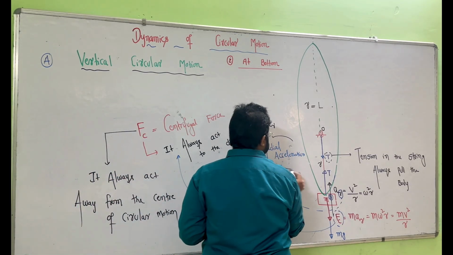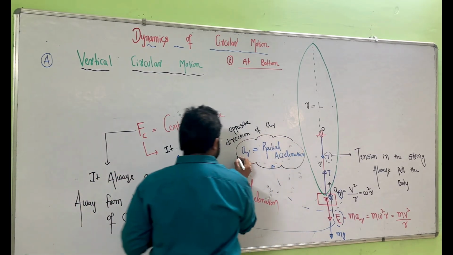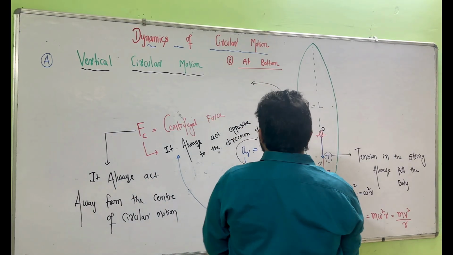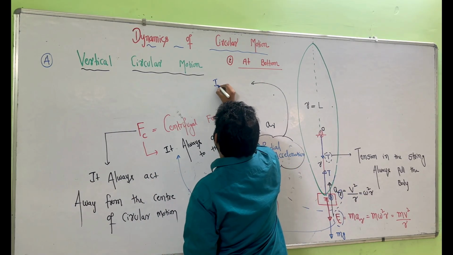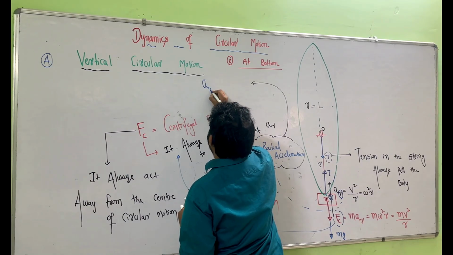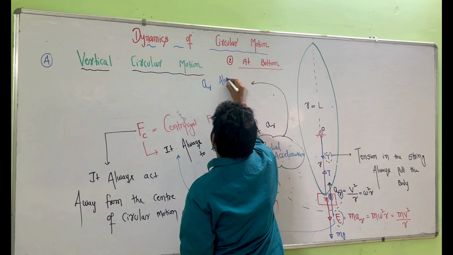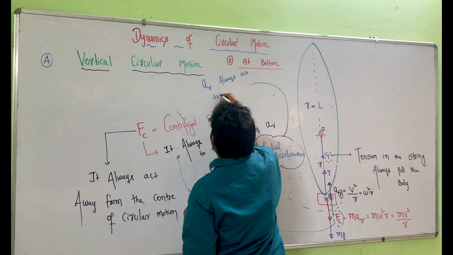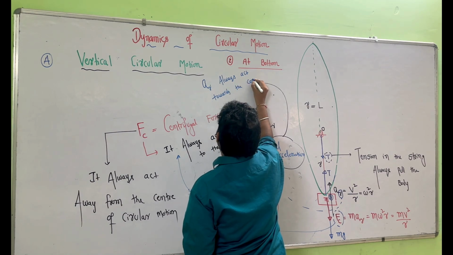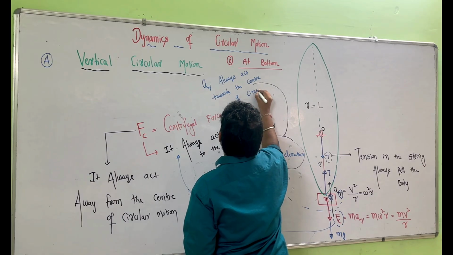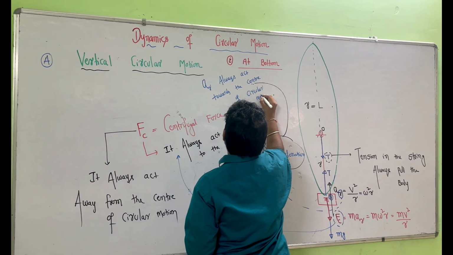Radial acceleration or centripetal acceleration always acts towards the center of circular motion. Understood this?